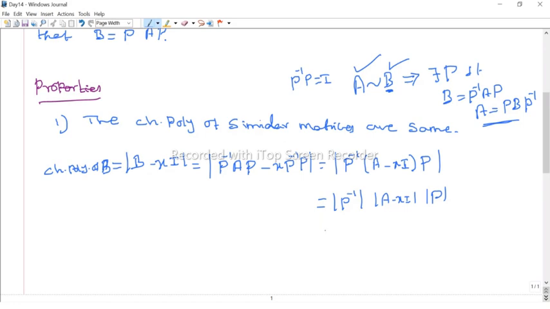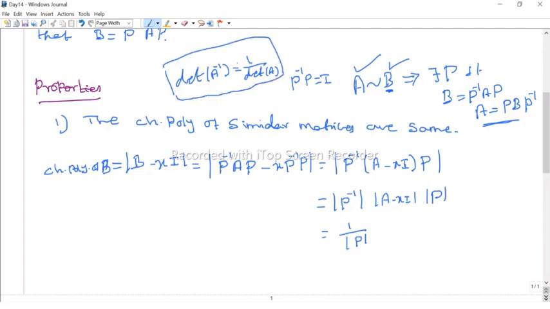But the determinant of P inverse is 1 by determinant of P. That is a standard result: the determinant of A inverse is 1 by determinant of A. We can easily prove this.